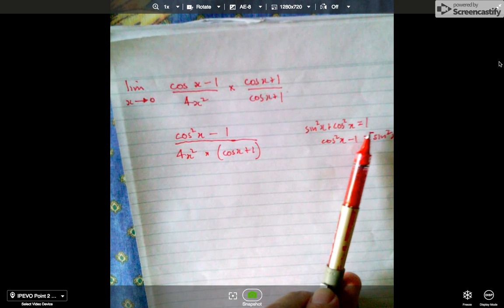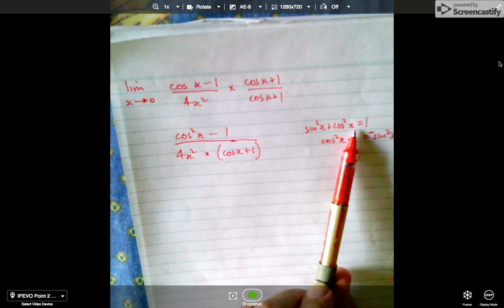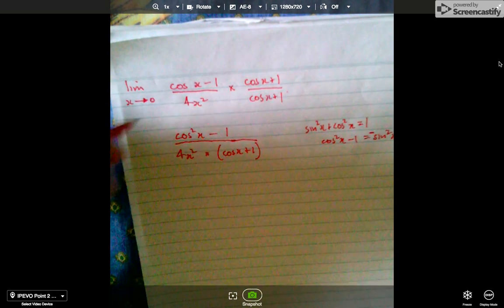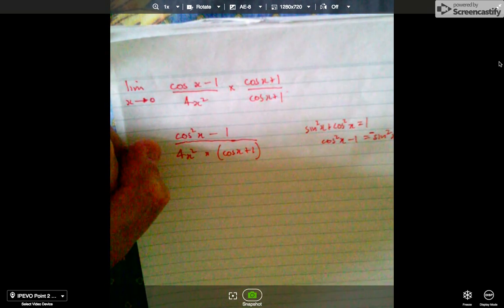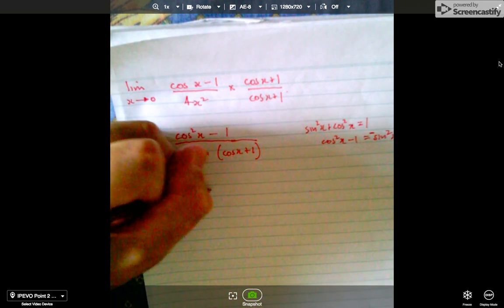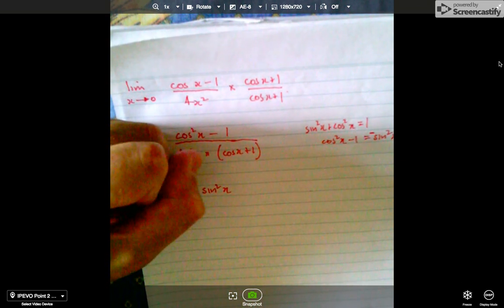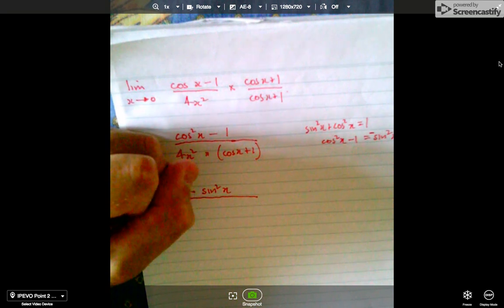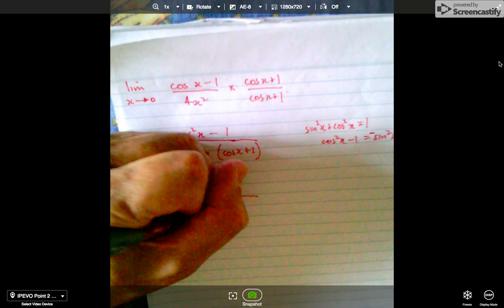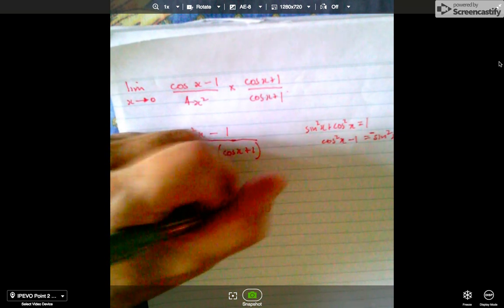All I've done there is taken the 1 over to become minus 1, and this becomes minus sine squared x. So this equals minus sine squared x over 4x squared times (cos x plus 1).